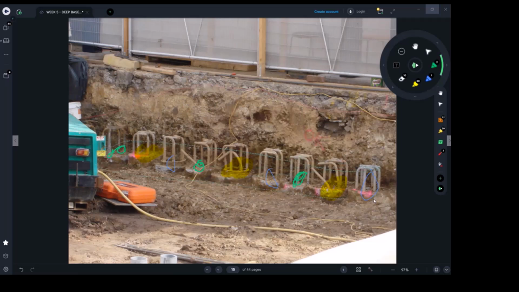Now I have a question for you. Why do we have those bars lying above the basement? These are basically for the pile cap.